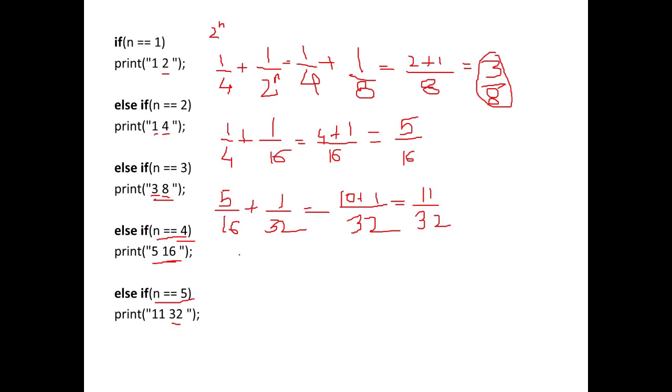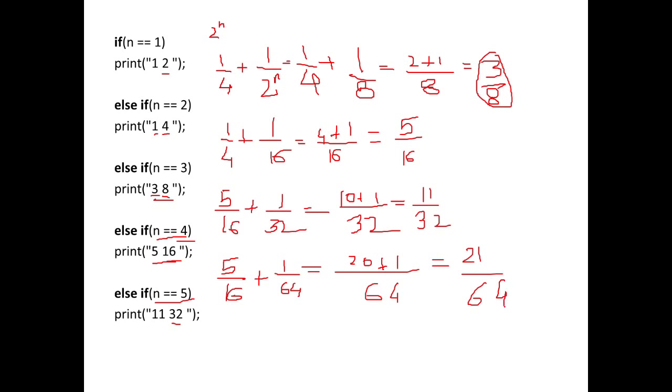And for n equal to 6, we will again take the even number that has occurred before it, and before 6 the given number is 4, so we will be taking 5 by 16 plus 1 upon 2 to the power n, and here the value of n is 6, so it is 64, and LCM is 64. This is 20 plus 1, it will be 21 by 64.